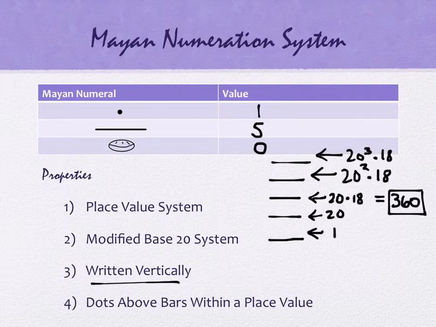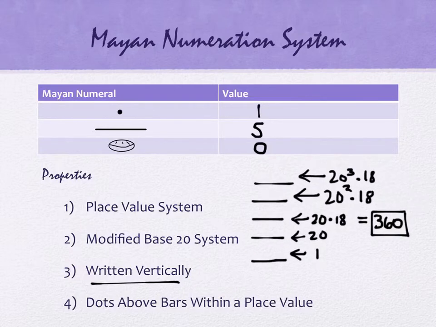All right, so let me just write down a couple more of these because it's going to be helpful for us later. What is the next one above that? What do I get if I do 20 times 20 times 18, or basically 360 times 20? What's the next value? So this is the 20s and the ones.